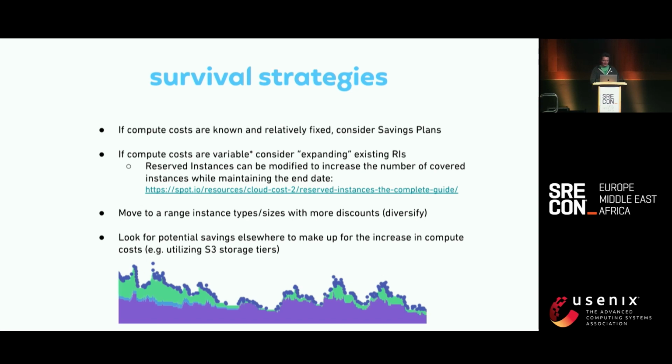And then you should really diversify, like any sort of financial market. Use large and small and different sizes. And also, you should start looking at potential savings elsewhere. If you're relying wholly on compute savings and not looking at anything else, maybe start looking at other stuff. I mean, we did.